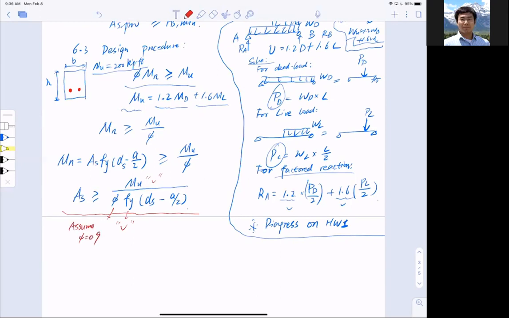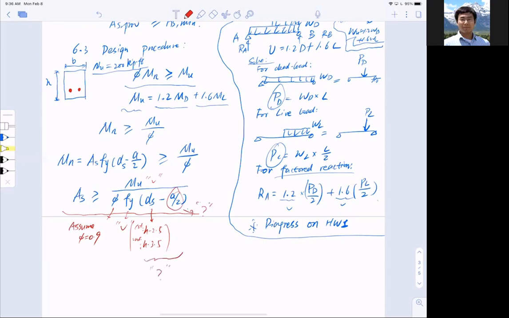Now ds, well, I know for a single layer it's h minus 2.5, and h minus 3.5 for two layers. That's what I know. Now a, I don't. Looking at this equation, I have one unknown inside the bracket.